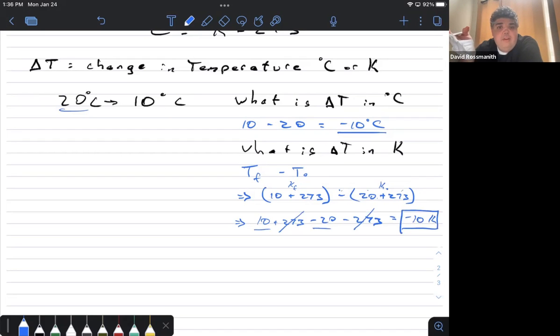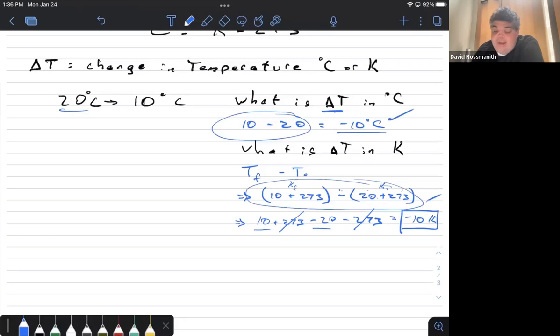It turns out that when you're plugging numbers into your equation, if the equation is asking for delta T, not the temperature, but the change in temperature, then I can either use Celsius degrees or Kelvin, and either way, the number will be negative 10 or whatever the answer should be.